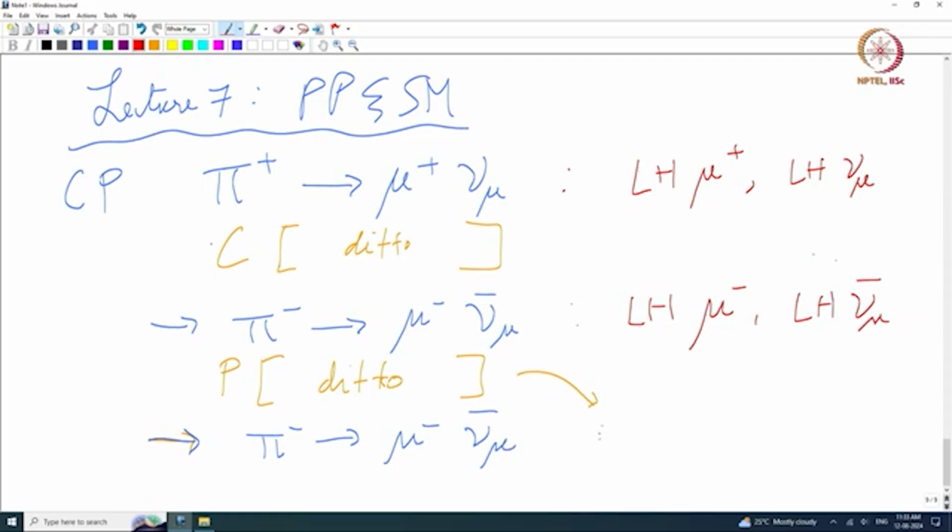So now I have just flipped the muon to a right handed state, just flipped the helicity by applying parity, and I have flipped the anti-neutrino to a right handed state, got it. So by doing 2 thought experiments, first flipping the charge conjugation and then flipping the parity, in the end I get a process that is a pion going to a right handed anti-neutrino and a right handed muon. Now this is exactly what you would expect in real life also, the final process.